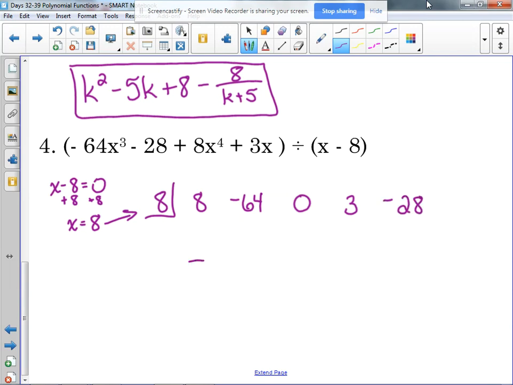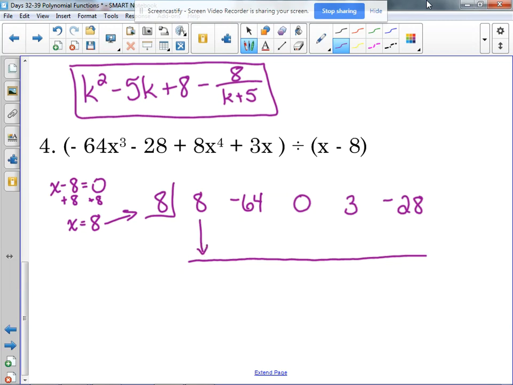You always have to go down to the constant, meaning the number that doesn't have a variable. If you don't have one, then you got to put a 0 on the end as well. Okay, you don't have a constant, so like if there wasn't that minus 28 in this problem, we would need a 0 on the end of our synthetic division.